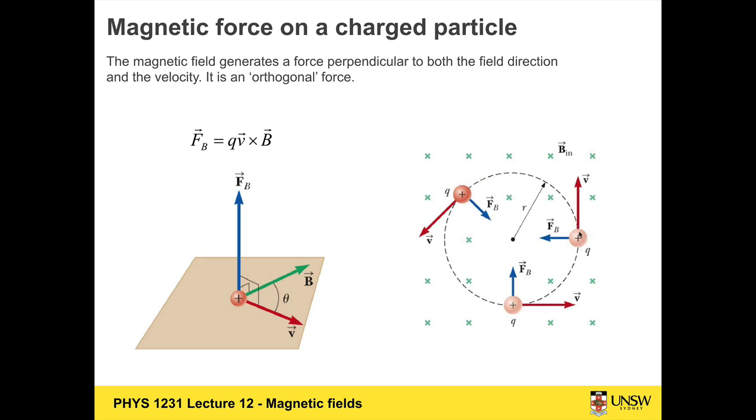and we have a charge in motion with an initial velocity perpendicular to this magnetic field, and this magnetic field is uniform, the force will always be perpendicular to the field and the velocity, and that means it will always point, for example, in this direction when the charge is here, and that will cause the charge to move in a circular motion.